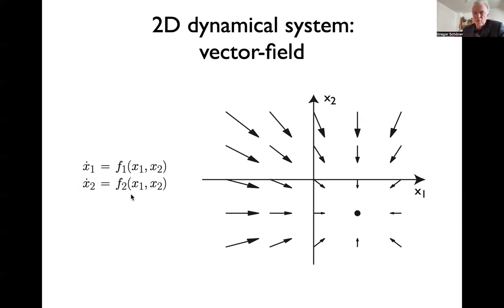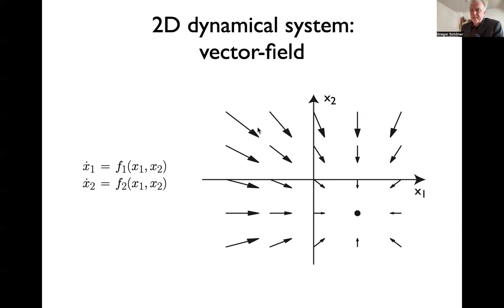That also forms a vector of two numbers, and so you can draw it in the same plane, even though it has different units. It's per time, a rate of change. Here it's drawn as little vectors. For every point in the plane, you have a vector such that the horizontal dimension is the rate of change of x1, and the vertical dimension is the rate of change of x2.